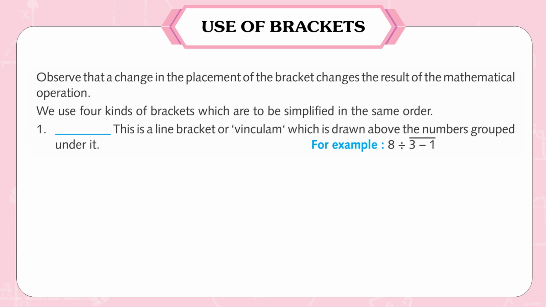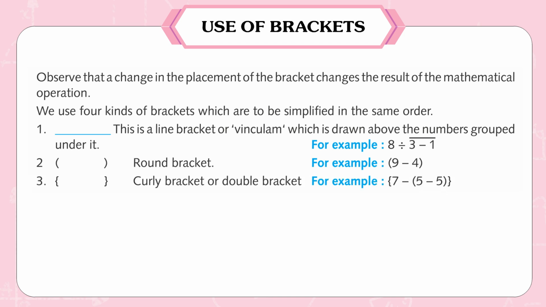1. Dash. This is a line bracket or vinculum, which is drawn above the numbers grouped under it. For example, 8 ÷ 3 − 1 with a line over 3 − 1. 2. Round bracket. For example, (9 − 4). 3. Curly bracket or double bracket.